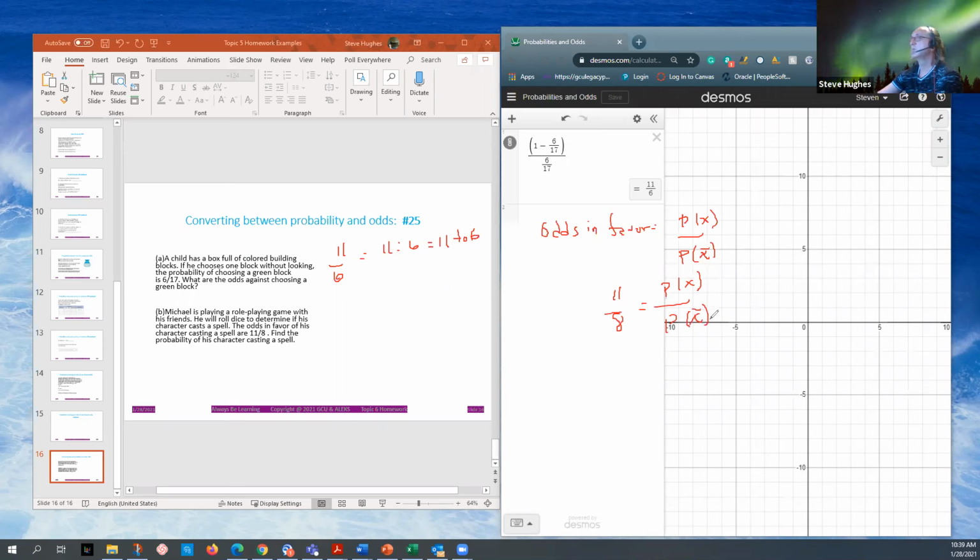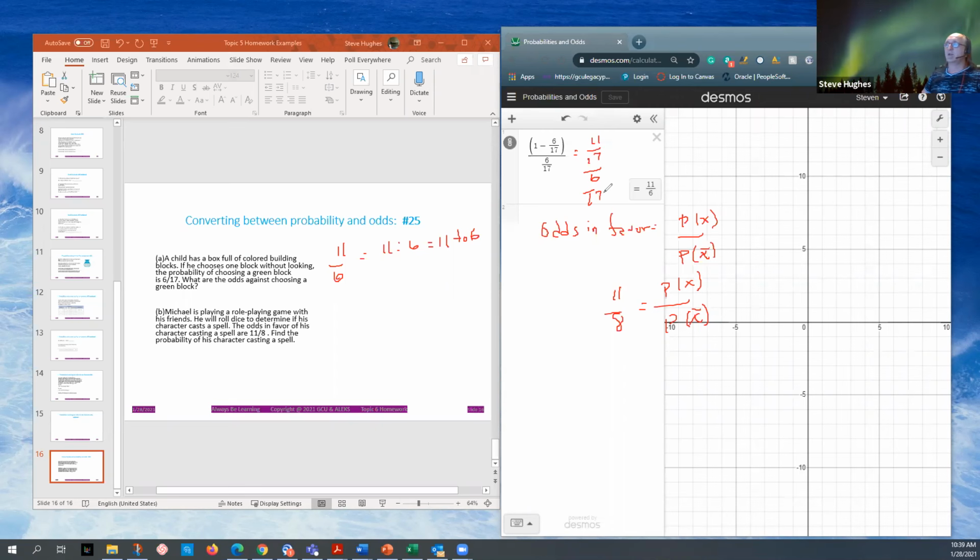But there's a better way to do this, everybody. Notice the question we just did up here a moment ago, watch this. This was 11 over 17 divided by 6 over 17. Notice what canceled out. The 11 plus 6 is the sum that gives the denominator.